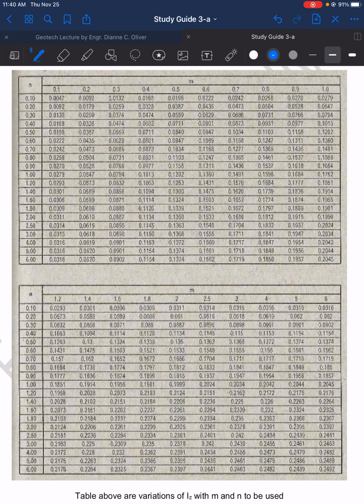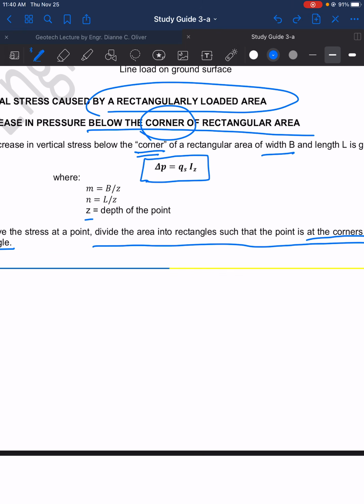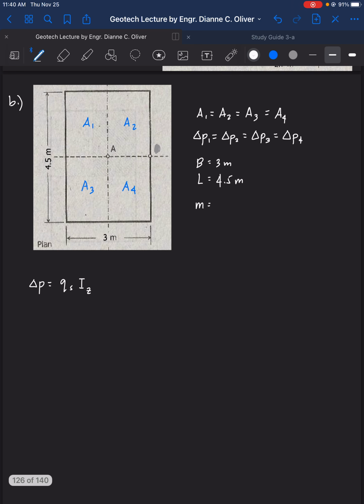And we need the values for M and N. To get the values for M and N, we have the formula here: M is equal to B divided by Z, N is equal to L divided by Z. So we need to find B. Our B is 3 meters, L is 4.5 meters. Therefore, M is equal to B over Z, so that is equal to 3 divided by, what's our Z again?